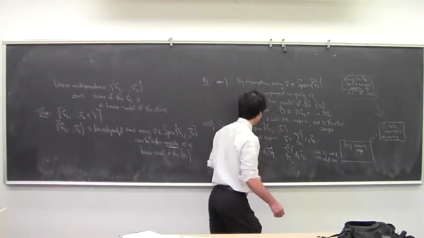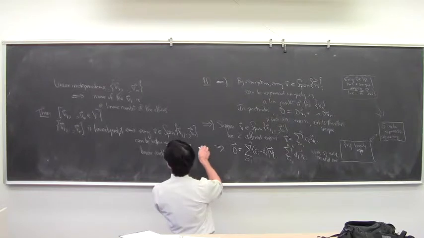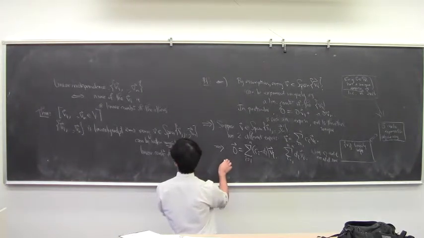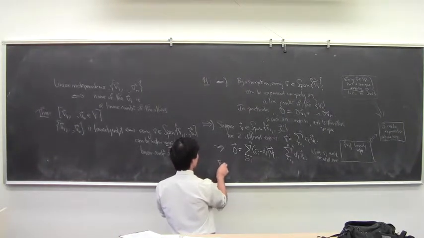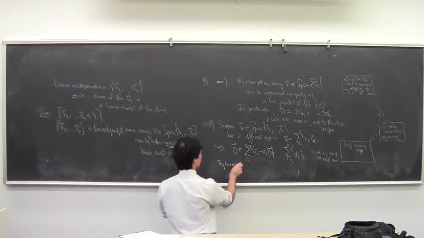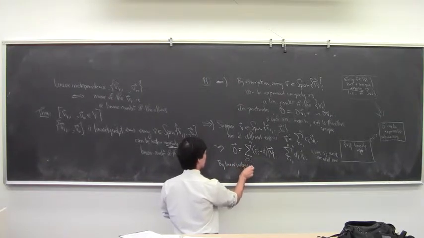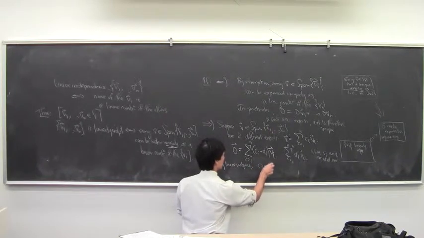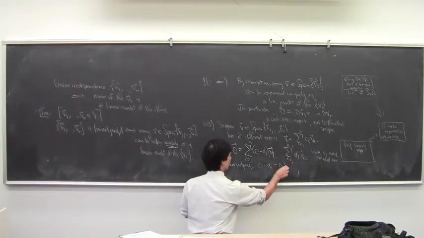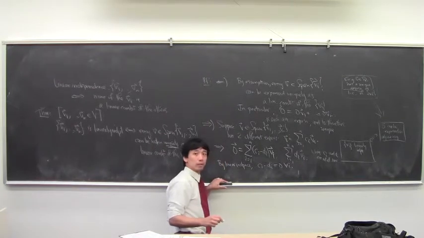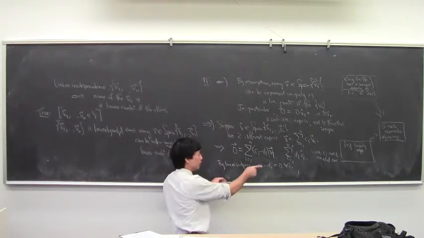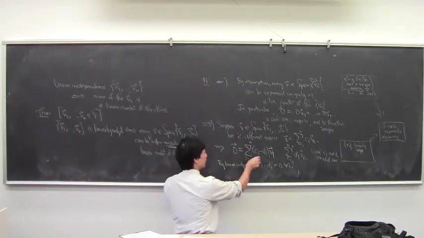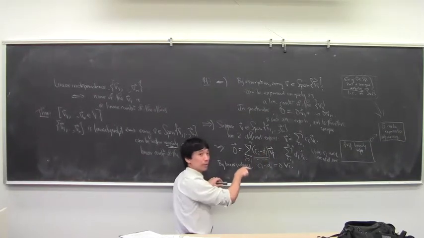That's fair enough. You're saying, well, by linear independence, Ci minus Di must be equal to 0 for all i. Right? Because the only way to get to 0 should be by multiplying everybody by 0 and adding them.